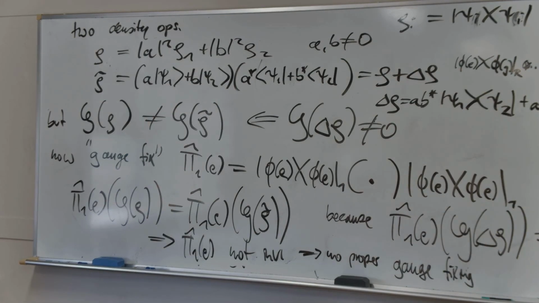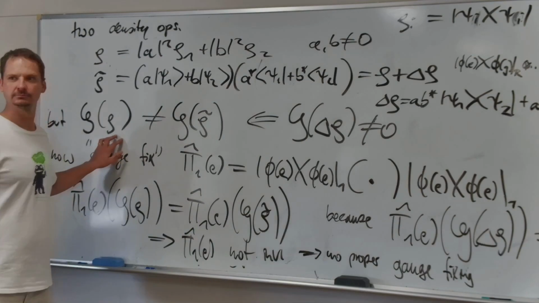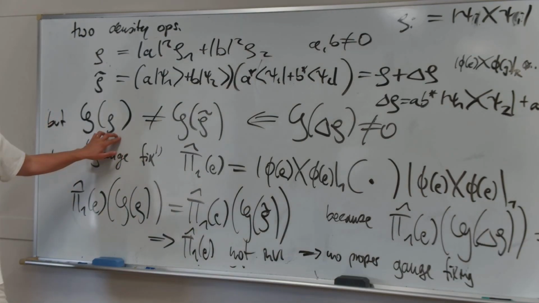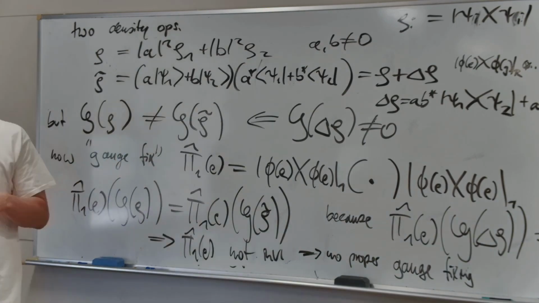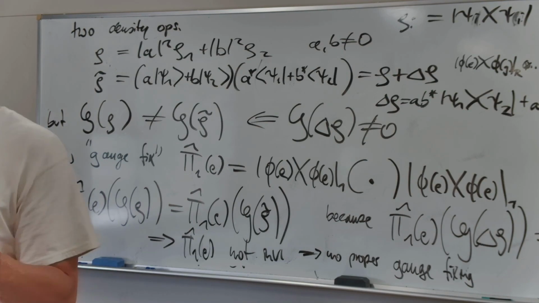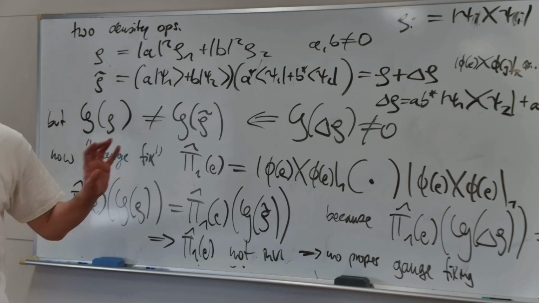If they are not in the same equivalence class, then when you gauge fix them, they should be different. If they are in different gauge equivalence classes, when you gauge fix them, they shouldn't be equal. Yeah, well, that's true when you're on the gauge invariant Hilbert space. What you're saying is true in the perspective neutral approach, but here not.